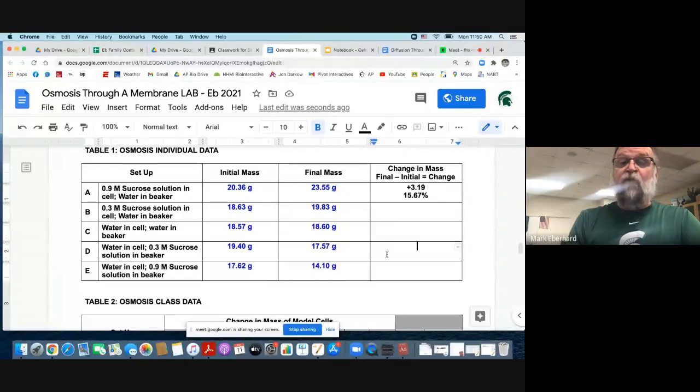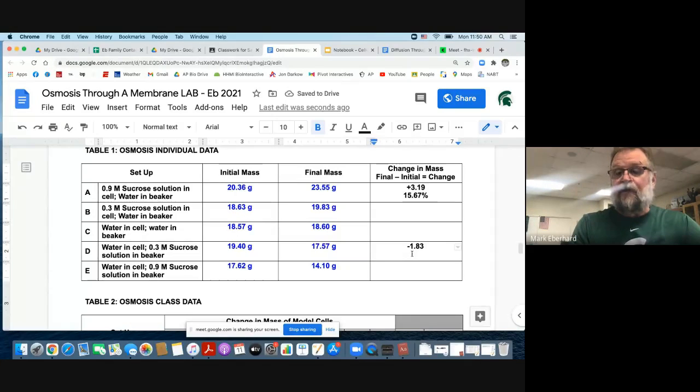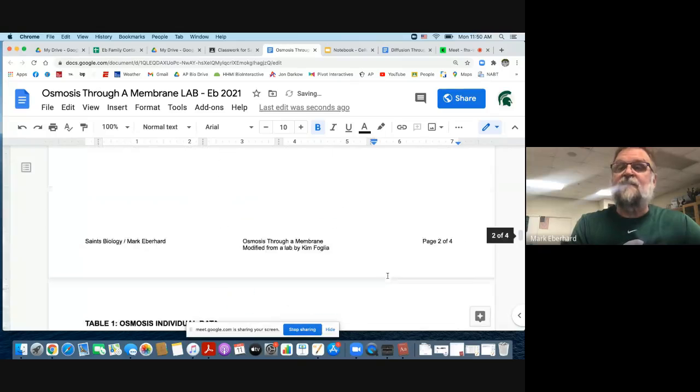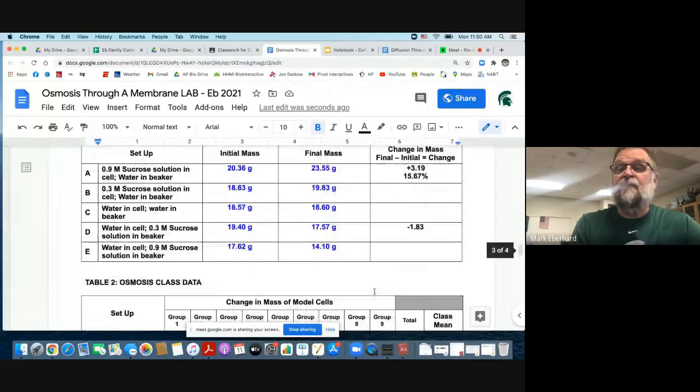Letter D, same formula. Take the final, 17.57, right here. Subtract the initial, 19.4, and I get negative 1.83. Again, I want the percent change. So again, I'm going to take that number and divide it by the initial and multiply by 100.